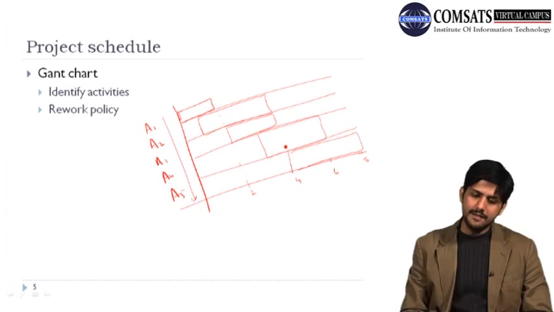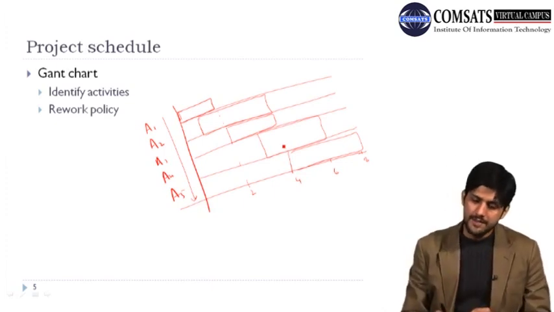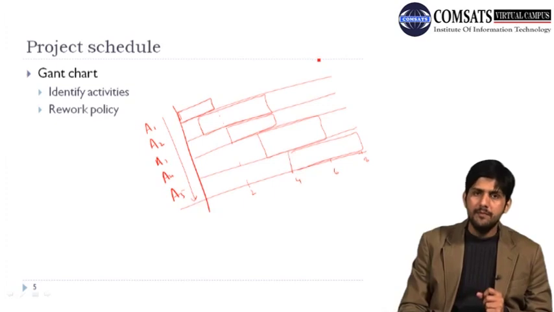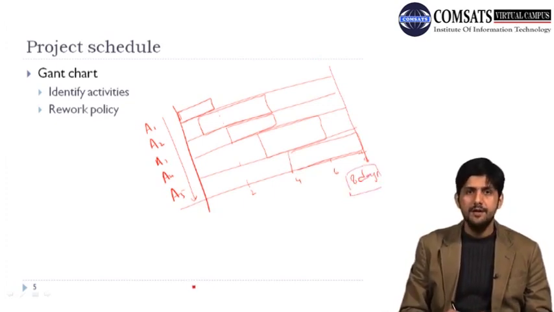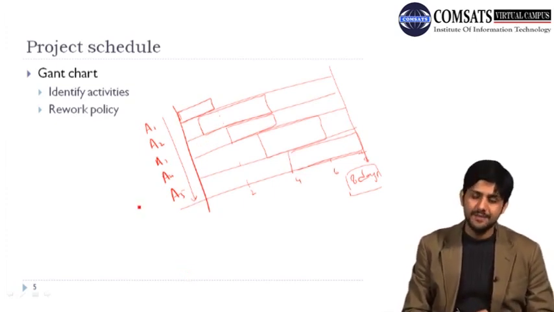Now this represents a project schedule. Why? Because it tells us a couple of things. The first thing it tells us is how much time will be required to complete this project, which let's say in our case is 8 days. We also know what the different activities are that we have to perform, and what the dependencies between those activities are.